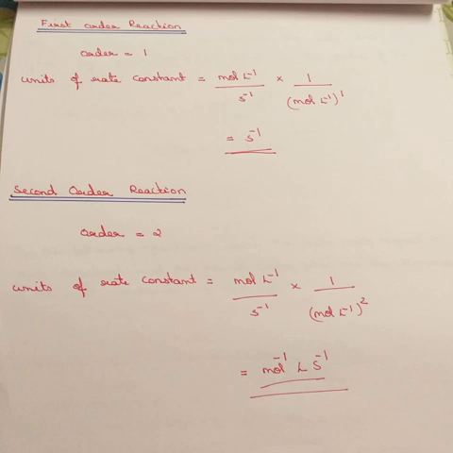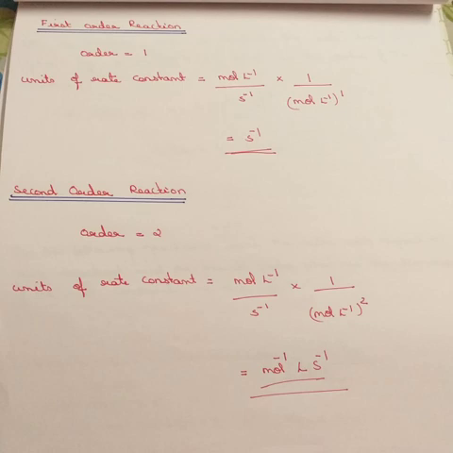First, we can go through the zero order reaction. For a zero order reaction, n is 0, so we can substitute n equal to 0. The unit of rate constant is equal to, instead of concentration by time, mole liter raised to minus 1 second raised to minus 1 into 1 by mole liter raised to minus 1 raised to 0, because here the order is 0.